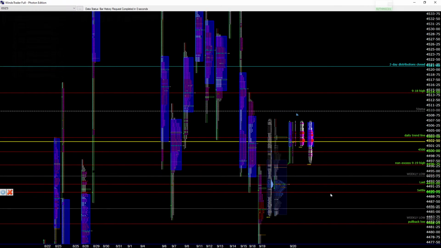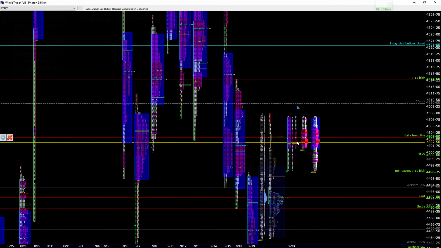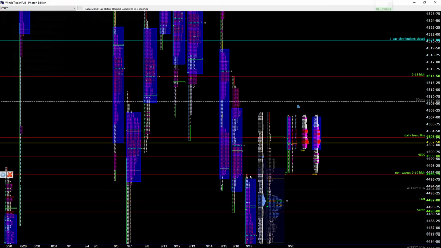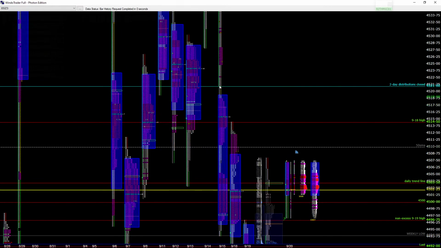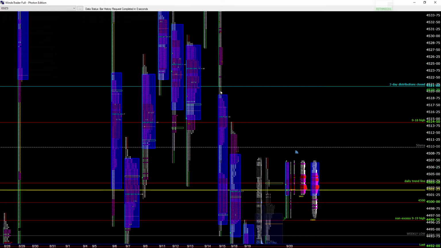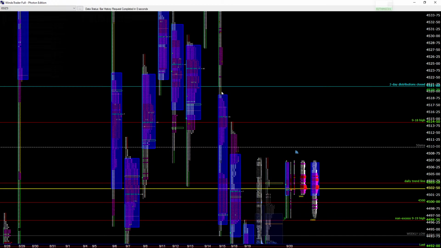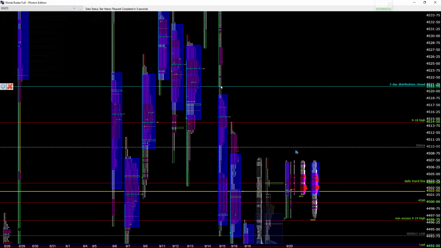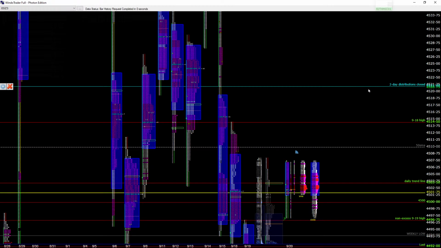In the same way that today the market didn't close this and there was a buy here, the same thing can happen here. It depends how the market trades when it gets close to this area, and if it stops short of closing these distributions, that is a short.